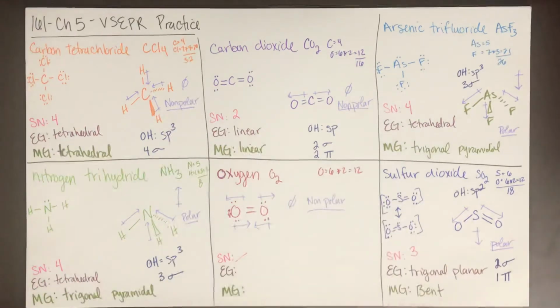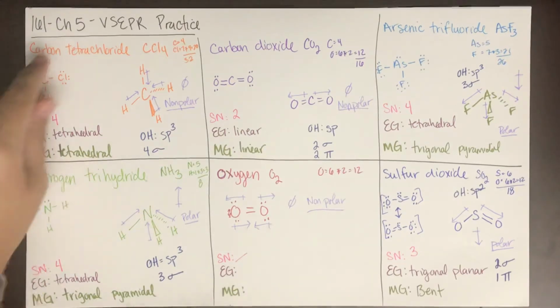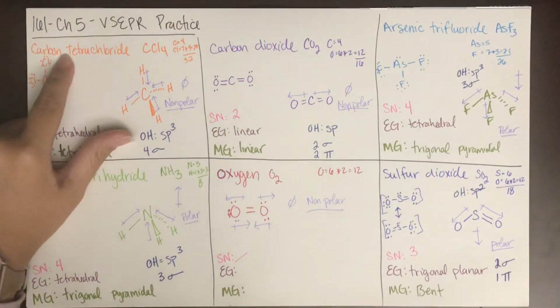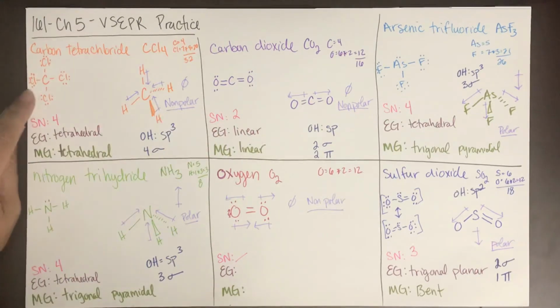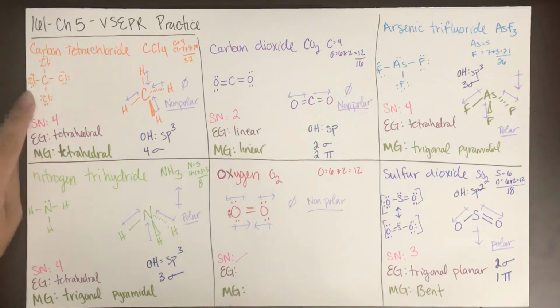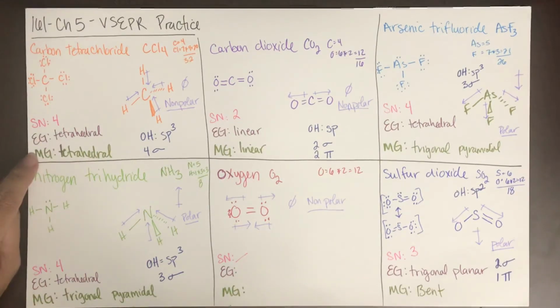So now we've been adding throughout the chapter for all the pieces of information that we're able to do for each molecule. You should be able to, from the name, write the formula. From the formula, write the correct Lewis structure. From the Lewis structure, determine the steric number, the electron geometry, the molecular geometry.